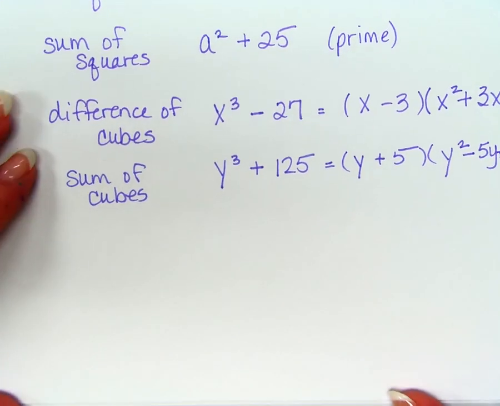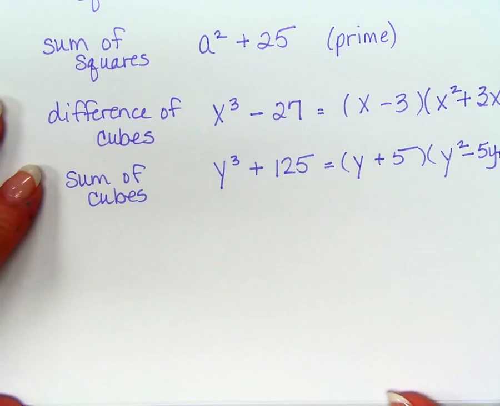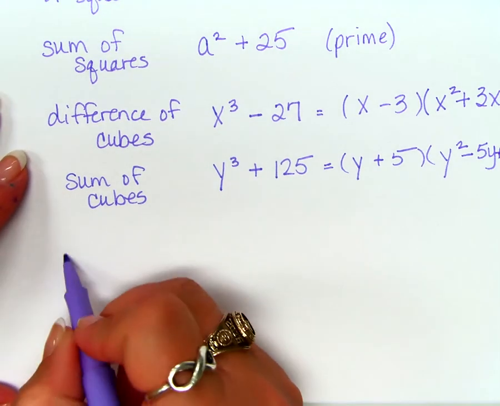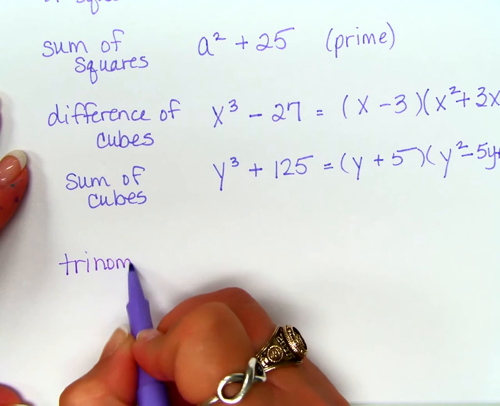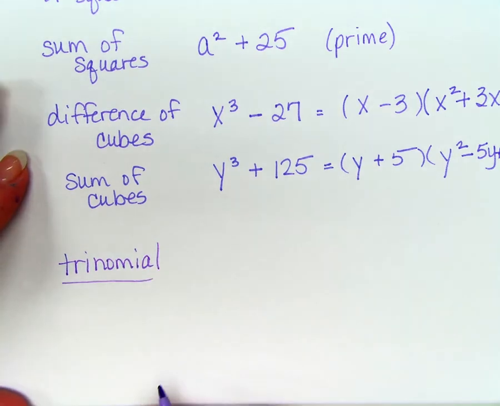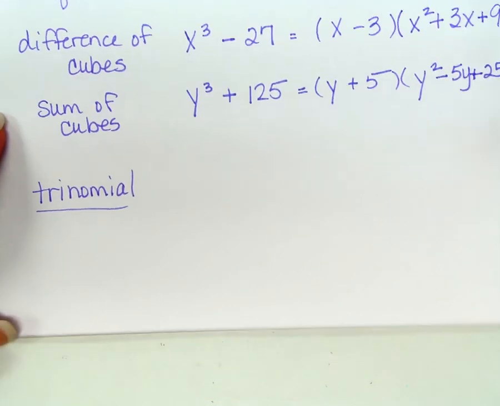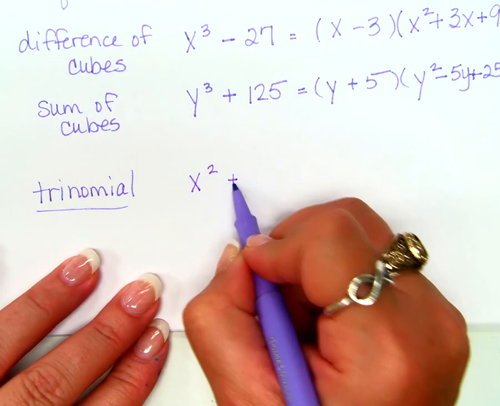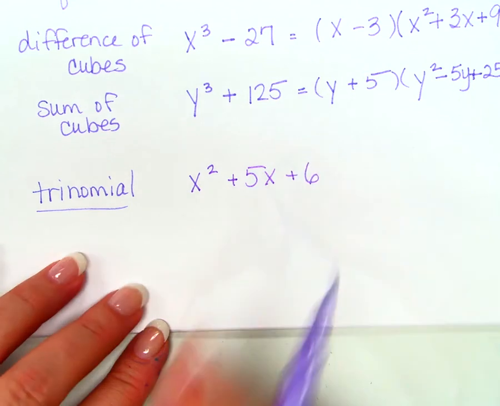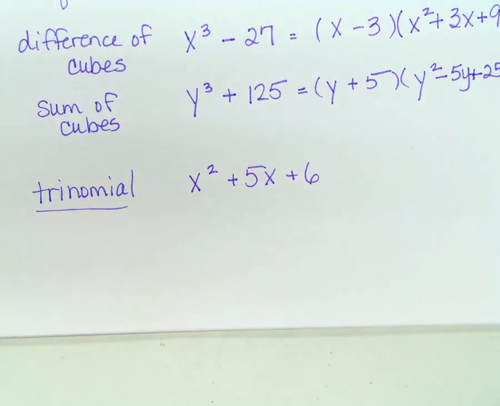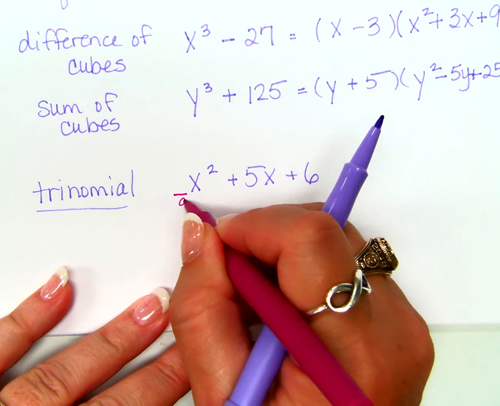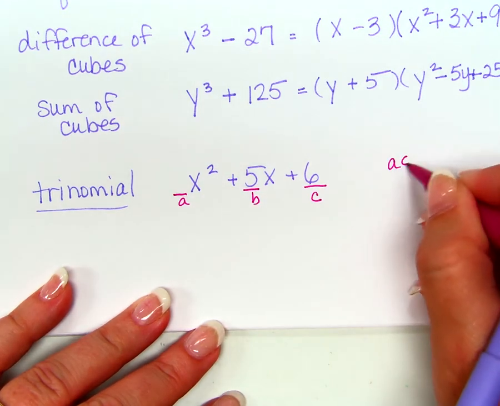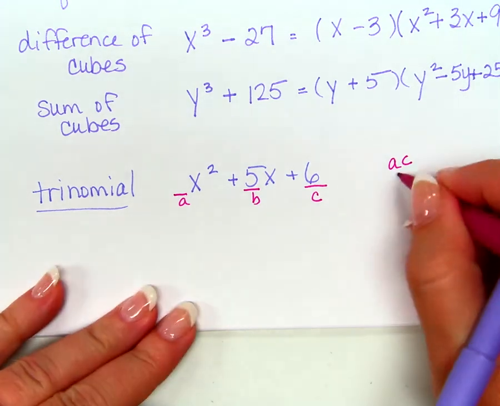And then pretty much, we talked about some other stuff last year in Algebra 2, High School Algebra 2. But the last one we're going to talk about today is just a trinomial. If we have any trinomial, for instance, x squared plus 5x plus 6, do you remember the pattern of what we always did? If this is A, and this is B, and this is C, first we found AC. And that's 6, right?